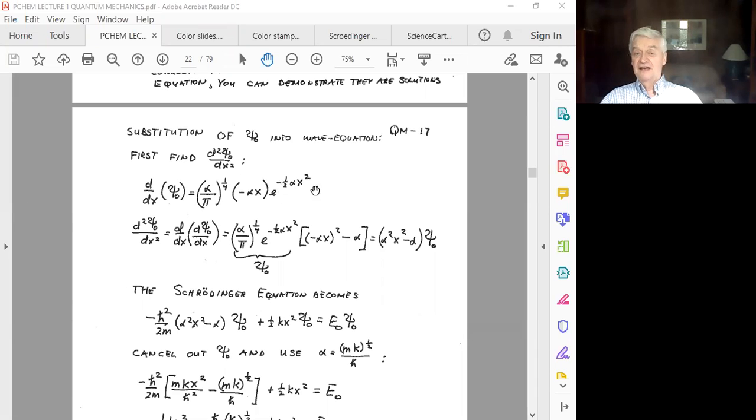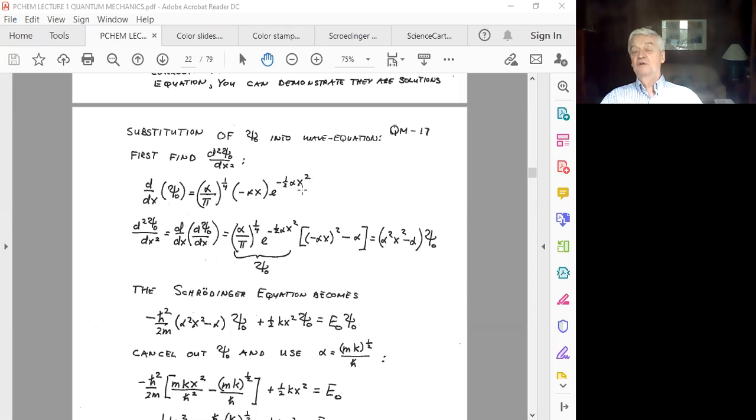But here in the exponent, we have an x squared. So the derivative of this is going to be the exponential expression itself, plus then we have to take a derivative of what's in the exponent. And so that gives us a minus 2 times a half alpha x when we derive this.